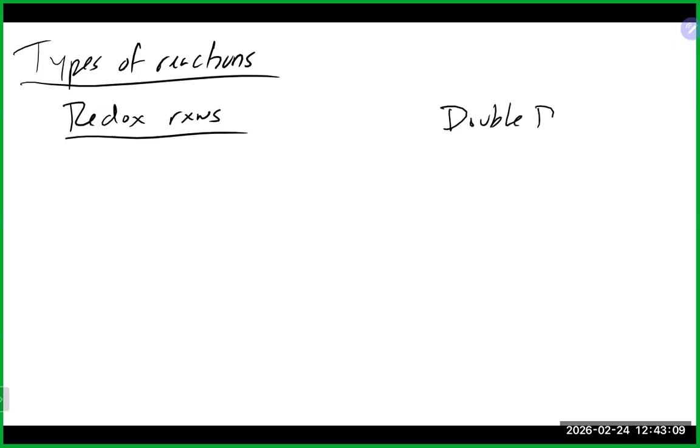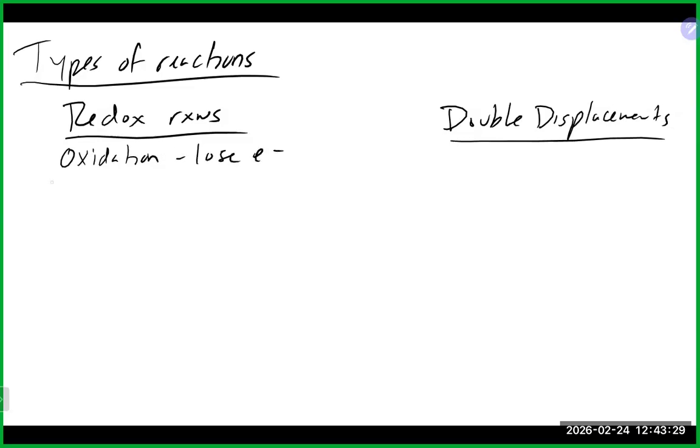And as I mentioned earlier, for us in this class, we do see a lot of double displacement reactions. We will see some redox reactions later on in the semester when we get into electrochemistry, but a lot up front is double displacement reactions. Redox reactions means that you have oxidation occurring, and you lose electrons. Reduction, you gain electrons.